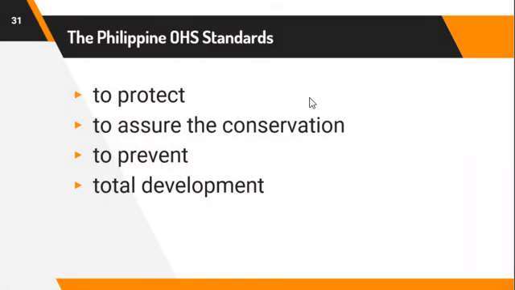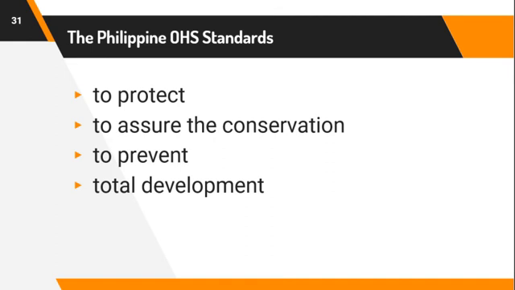The Philippine OHS standards are here to protect and to assure the conservation of man, to prevent hazards, and for total development. The objective of this standard is to protect every working man against the dangers of injury, sickness, or death through safe and healthful working conditions, thereby assuring the conservation of valuable manpower resources.